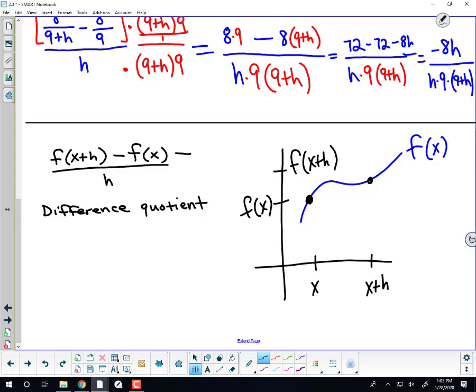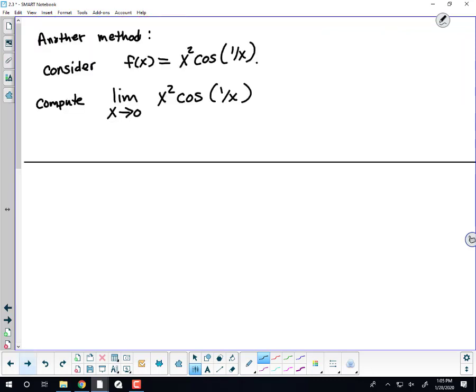We've looked at some algebraic methods: fractions, rationals, factoring. Those are really common. We're going to look at another method for this specific function, but it can apply to other functions as well. Our function is x squared cosine 1 over x, and we want to compute the limit as x approaches 0.